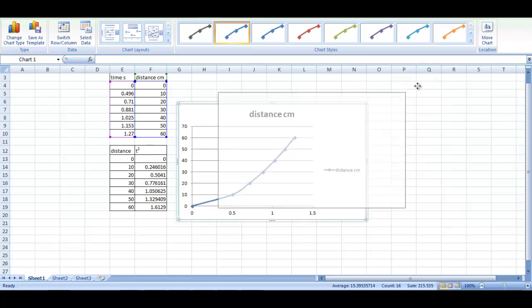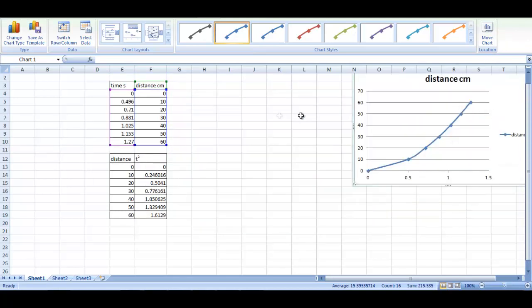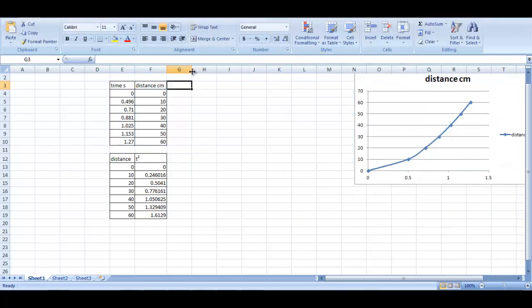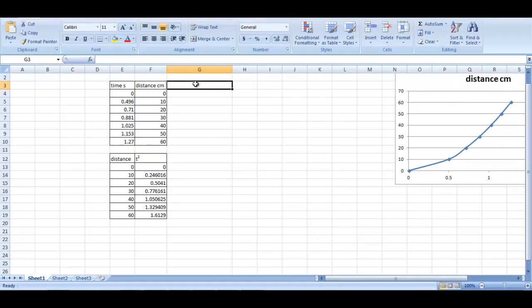We can do a little bit more. We can actually calculate the average velocity by checking the distance and dividing by the time.